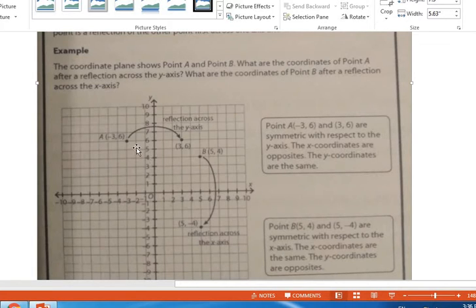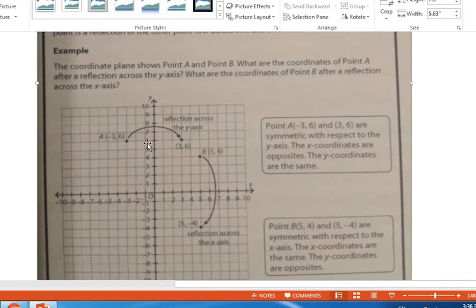Okay, I have here point A, -3 and 6. After reflection across the y-axis, it will be 3 and 6. The same distance, with a difference in the sign of what?